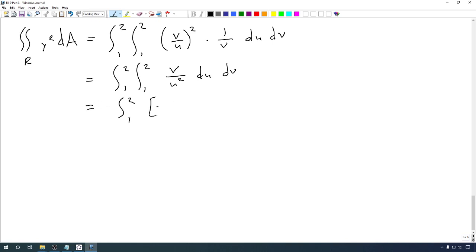So we're going to have a negative v over u from u equals 1 to u equals 2. Or in other words, when we put things in, we're going to have negative v over 2 minus a negative, so plus a v over 1. So v minus v over 2 turns out to be v over 2. Or maybe we write that as 1/2 v.